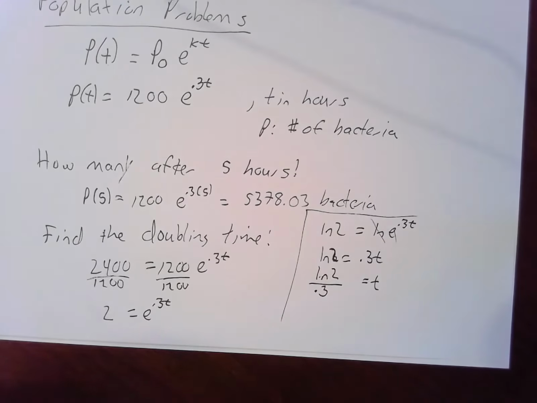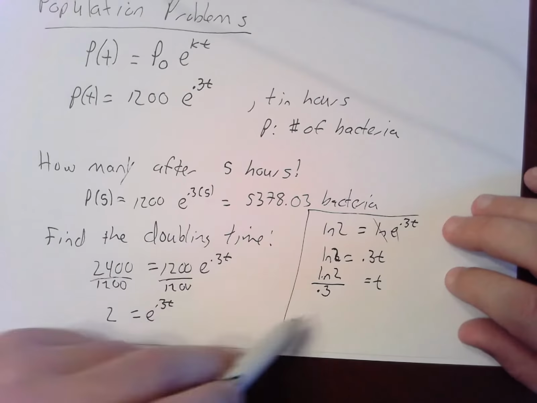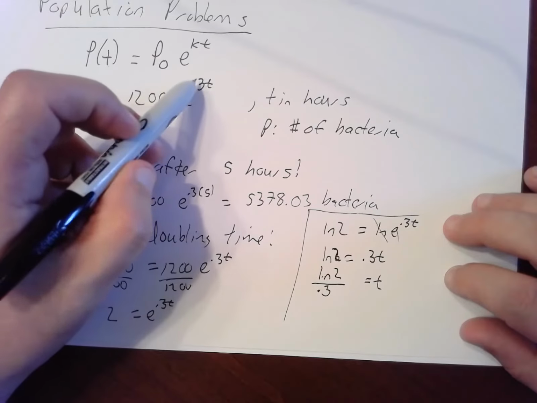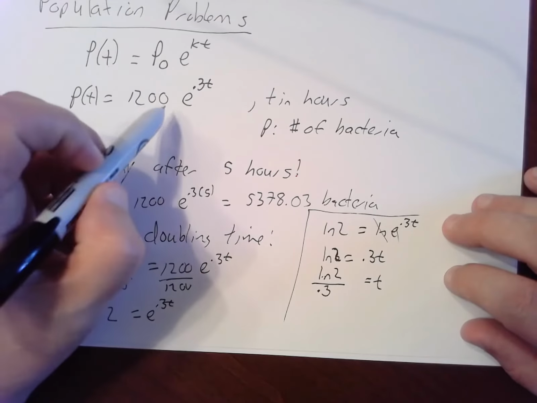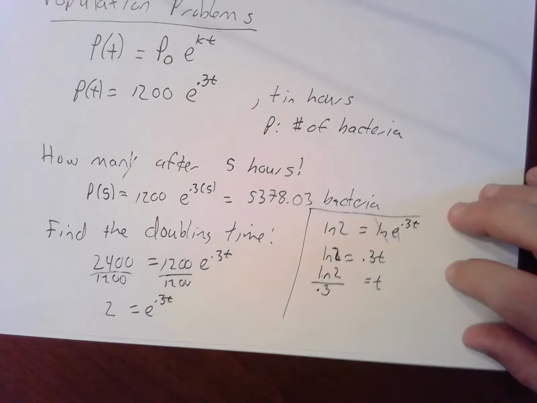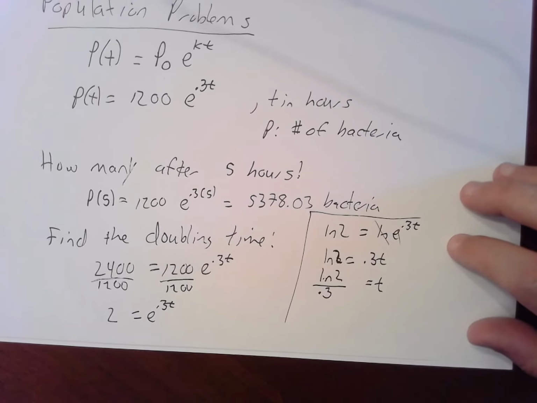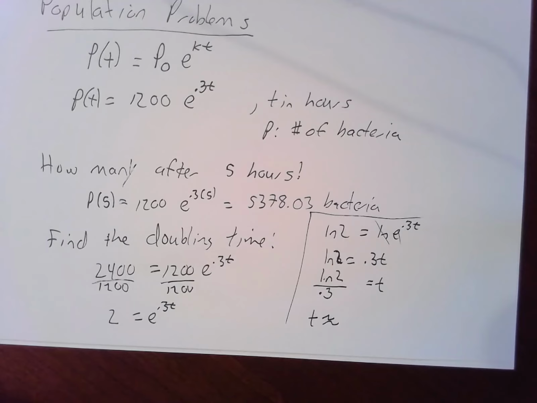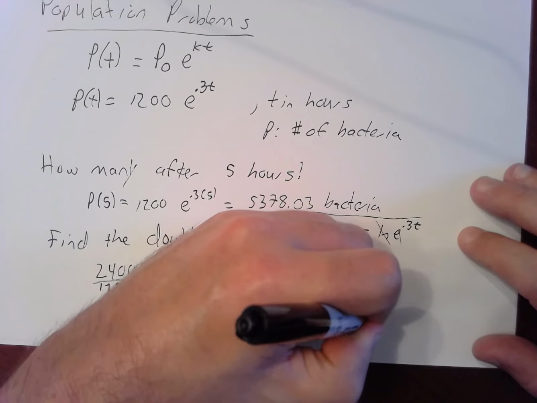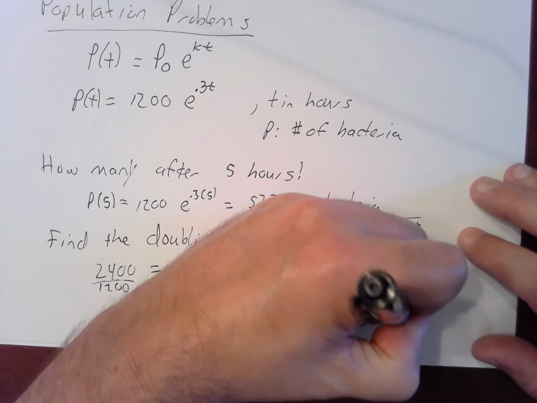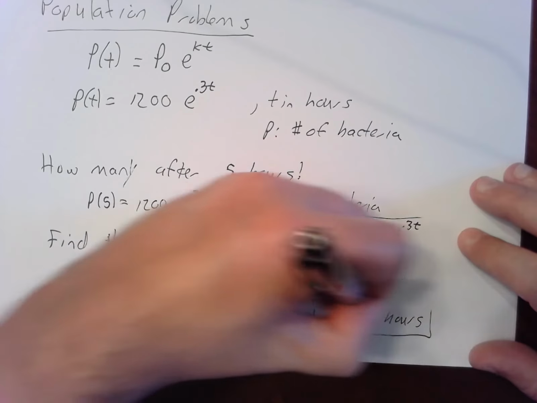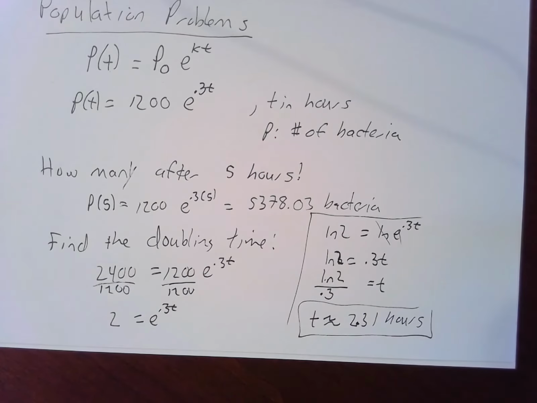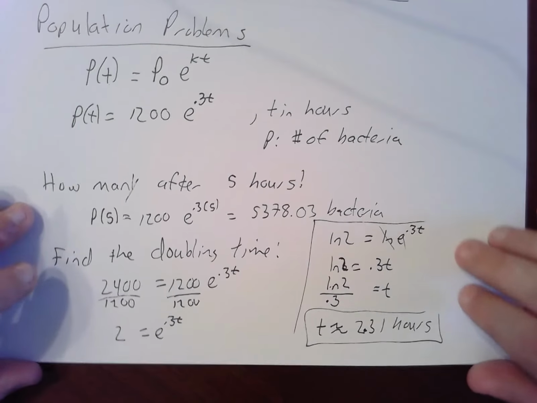Doubling time is always going to be that: natural log of 2 divided by this k value. It doesn't matter how many you started with, because you're trying to end up with double what you started with. So we could throw that in our fancy calculator and get about 2.31 hours. It takes a little over 2 hours to double the number of bacteria in this particular dish.